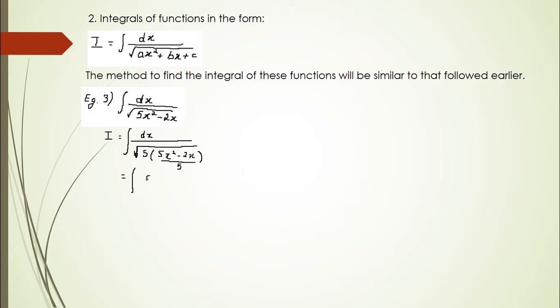I can rewrite this as dx by, now this is root 5. I'll write it here, root 5, I'll write it separately, into whole root of, now this is 5x squared by 5, so it will become x squared minus 2 by 5 into x, right?